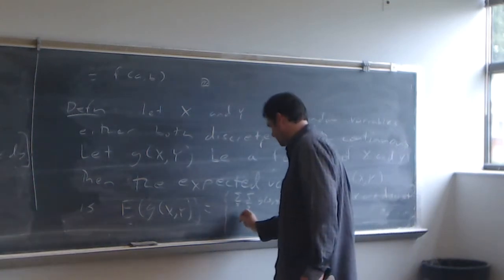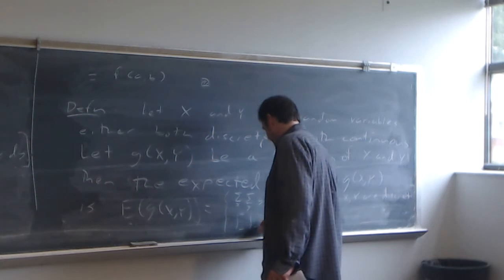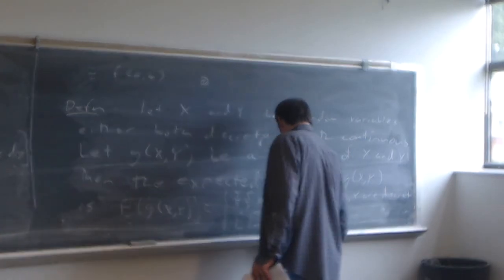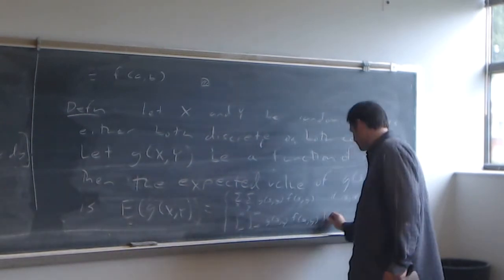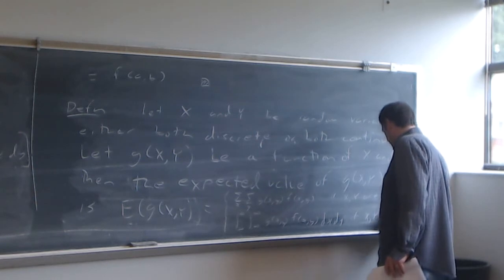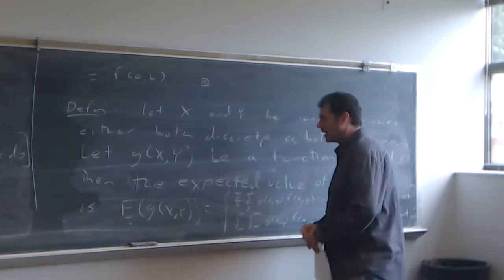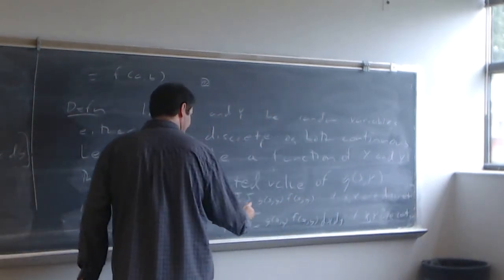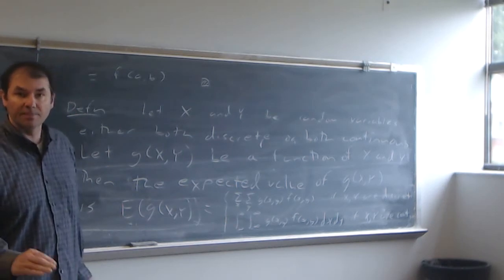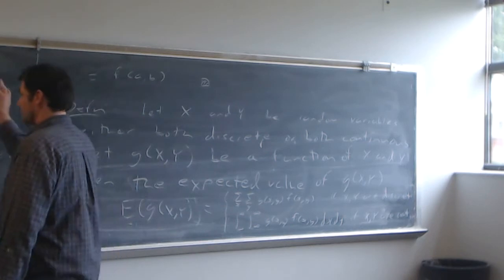And here it's the double integral from minus infinity to infinity, minus infinity to infinity of g(x, y) f(x, y) dx dy, if X and Y are continuous. I'm not writing out that the little f(x, y) is the joint PMF or joint PDF in the respective cases, but that's what it is.